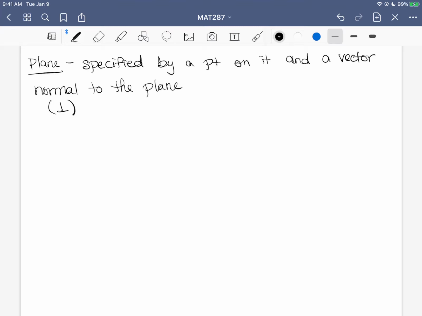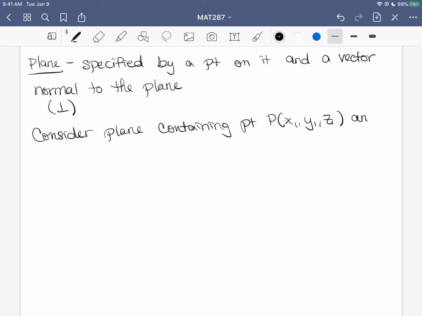Okay, so let's consider a plane containing the point P, call it x1, y1, z1, and with normal, non-zero vector n equal to a, b, c.